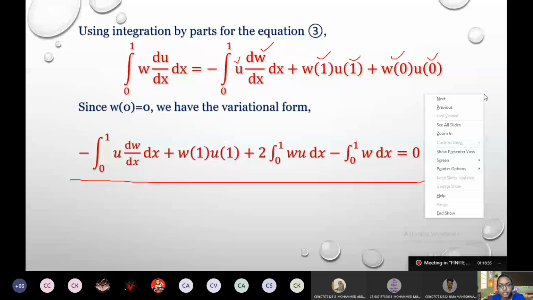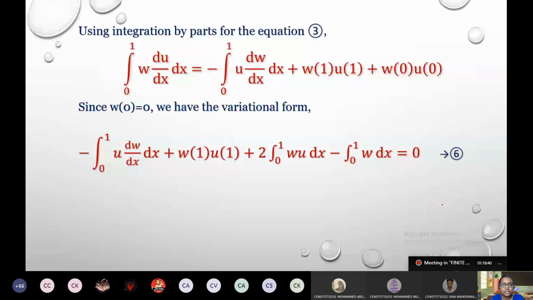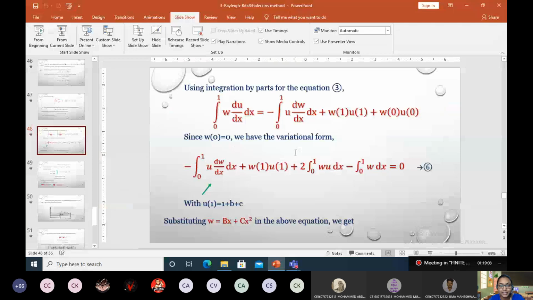Taking all those into account and making it into a variational form, we reach this equation. Now for this, we solve the problem. You may note down the variational form of the equation. How did we get this variational form? You have to get back to your mathematics, please.